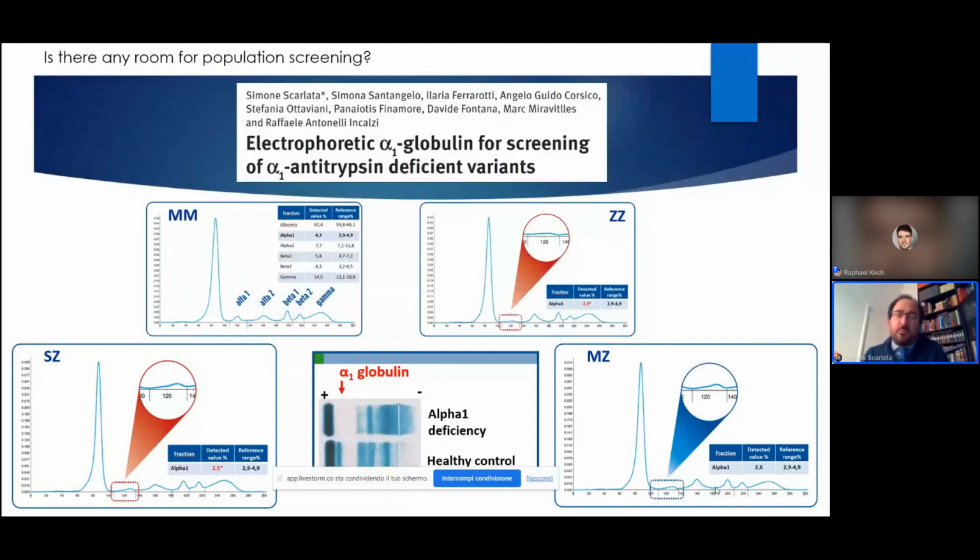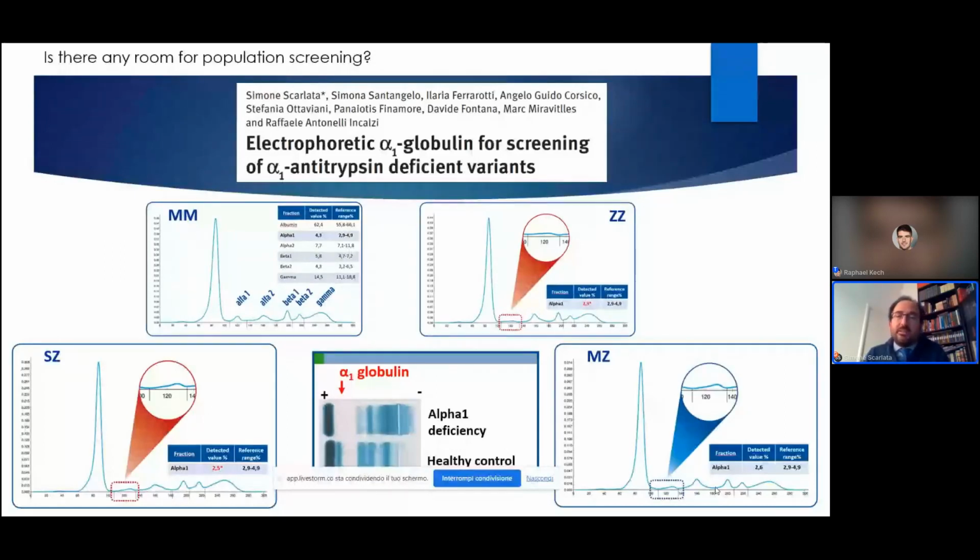For such a reason, we performed a population analysis of the electrophoretic alpha-1 globulin band, and we observed that the alpha-1 band, mainly made up of alpha-1 antitrypsin, has some quantitative and qualitative changes in those patients suffering from alpha-1 antitrypsin deficiency.